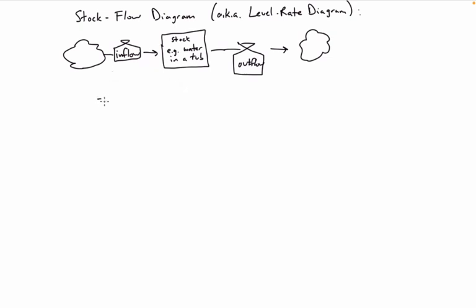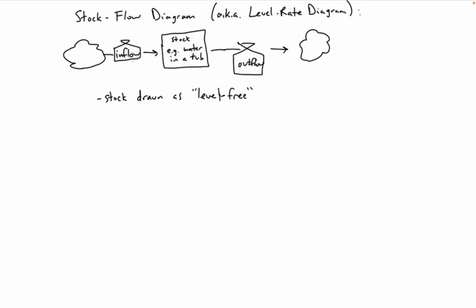So something to note here is that the stock is drawn as what we could call level free. So in this diagram, we don't say full tub or empty tub, right? It's just the tub, it's the amount of water, and that gives us flexibility. It allows the diagram to work, right?